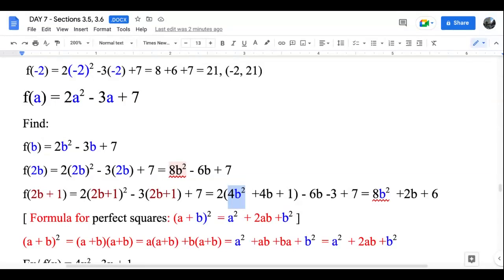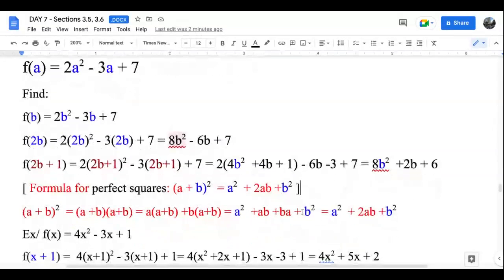Then 2b times 1 is 2b, doubled is 4b. Then plus 1 squared is just 1. Then we combine like terms to simplify. In the end, we have 8b squared plus 2b plus 6. So that's the evaluation for the input 2b plus 1.